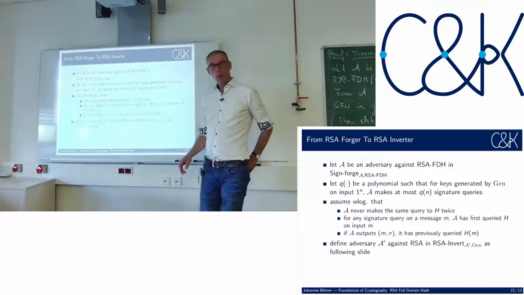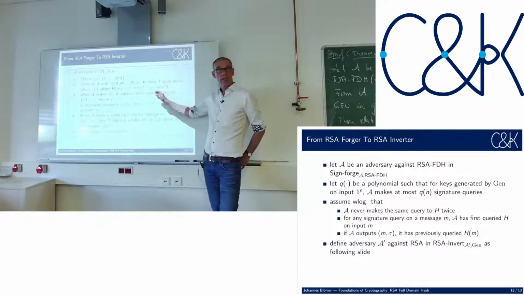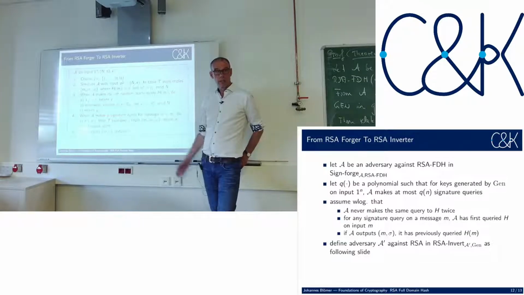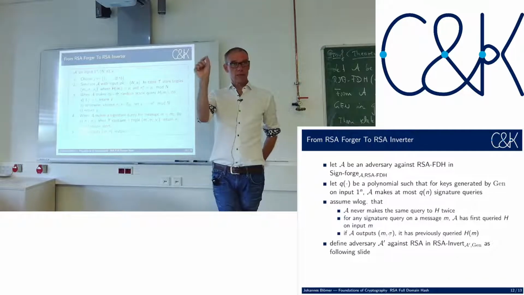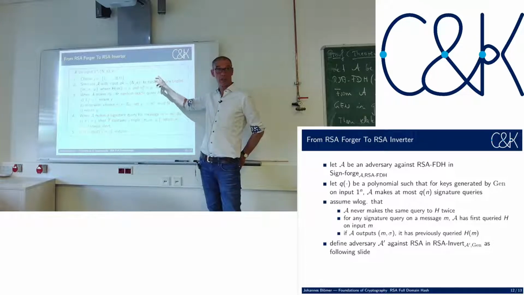So what we hope here is that the jth query to the random oracle is in fact on the message for which it will provide the forgery. We know that there is some index for which the eventual forgery message is the hash query, and we hope that it's the jth one.